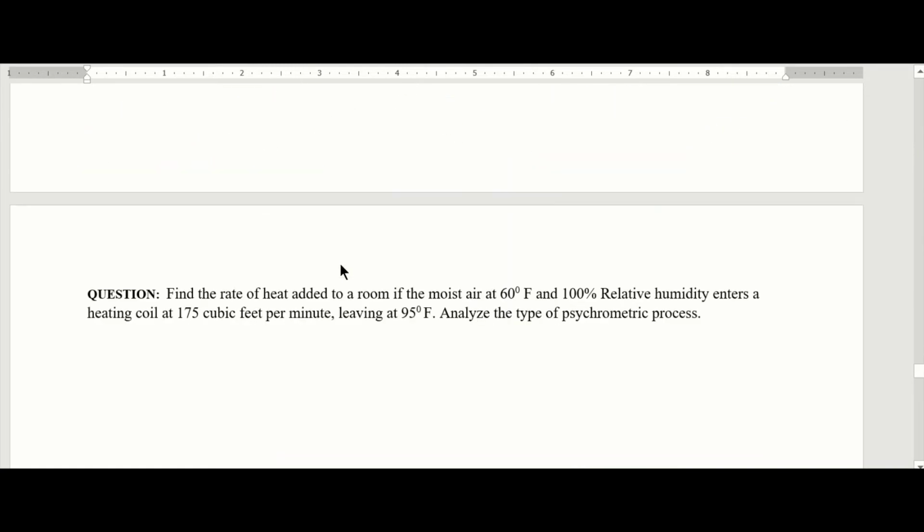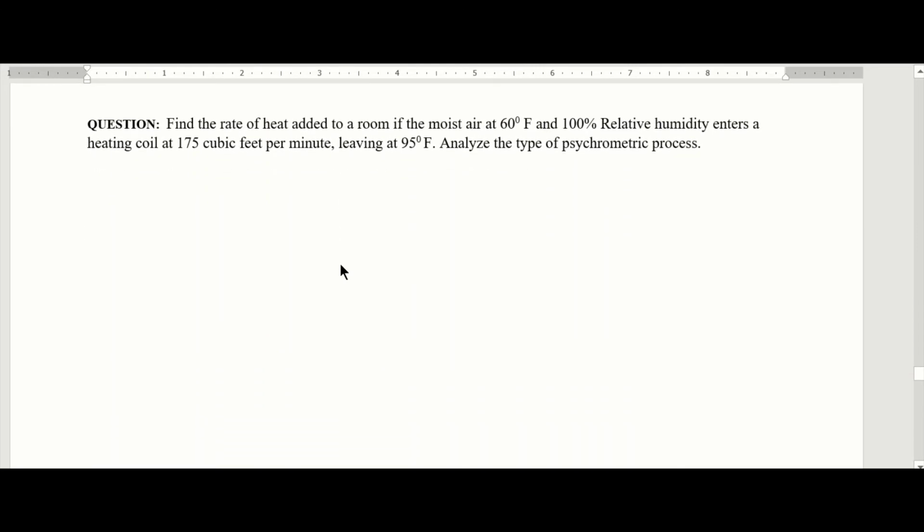Now let's look at questions as it relates to psychrometric process. The first question here is this: we are asked to find the rate of heat added to a room if the moist air at 60 degrees Fahrenheit and 100% relative humidity enters a heating coil at 175 cubic feet per minute.